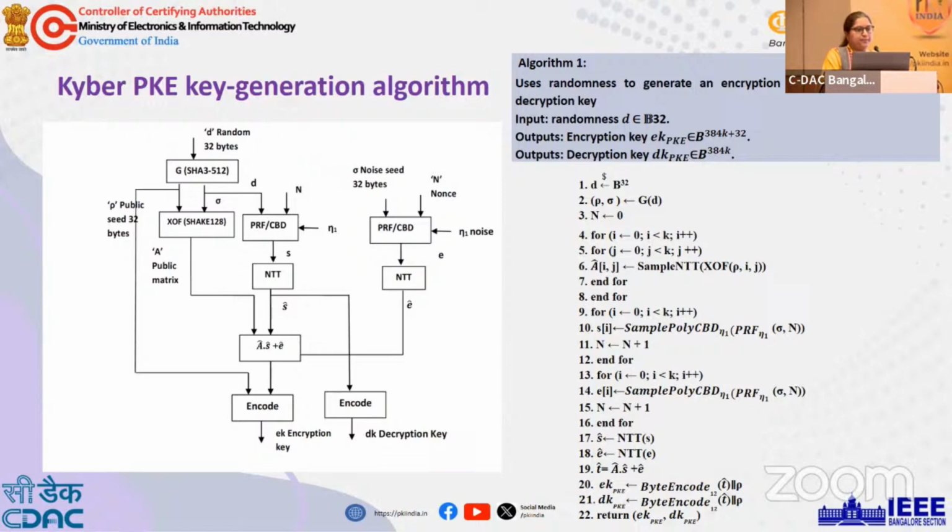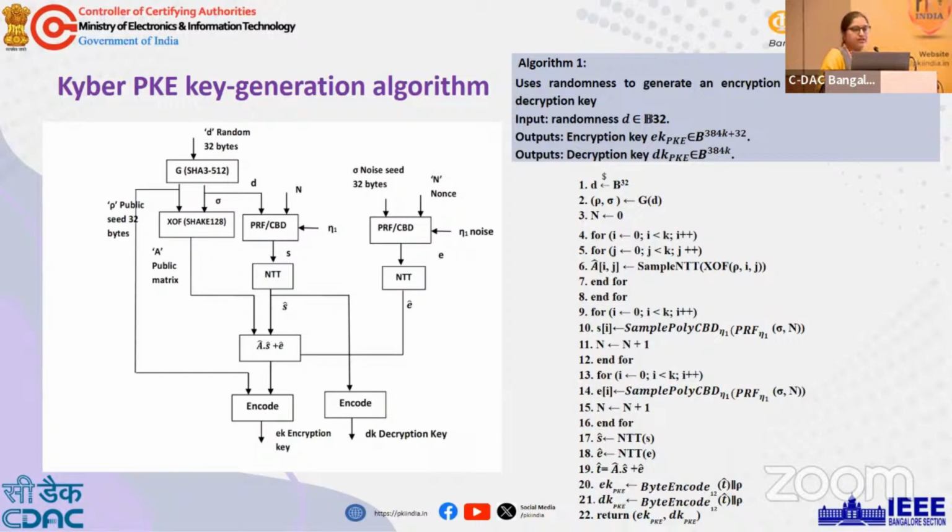There also key generation happens with the input of key generation from the PKE, and encapsulation and decapsulation. So these are the algorithms involved. And when we go to the Kyber PKE, the random input is some random D, which is a 32-byte array, and the outputs are the encryption key EK PKE and the decryption key DK PKE.